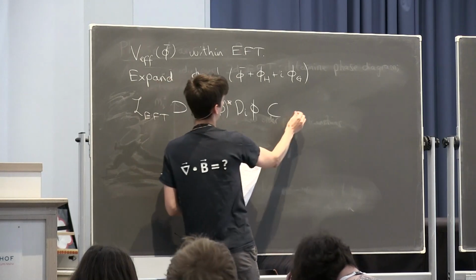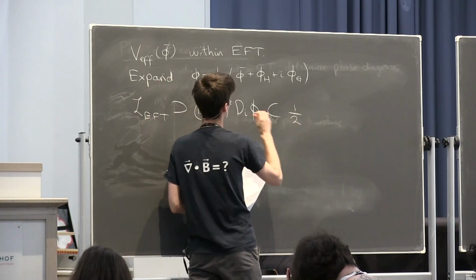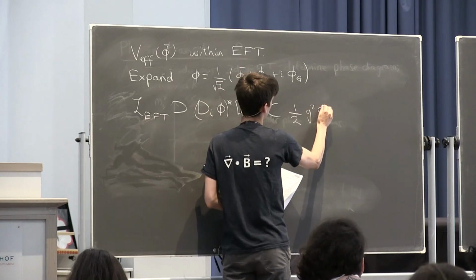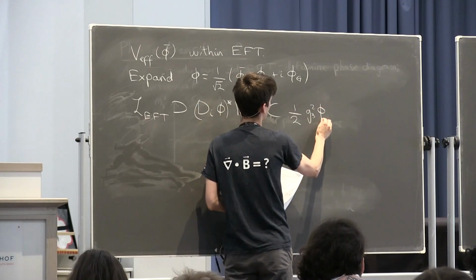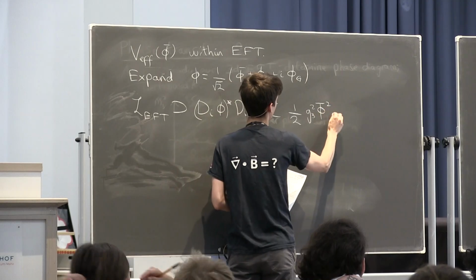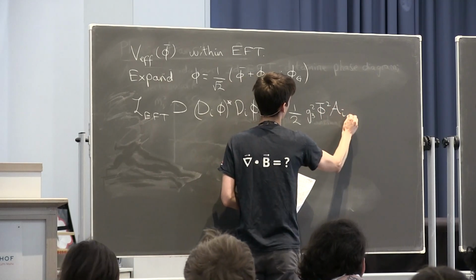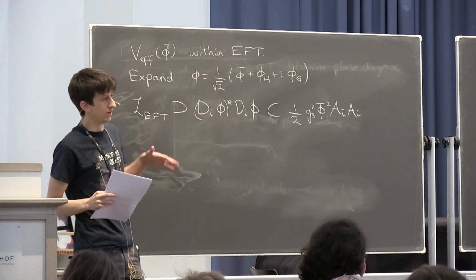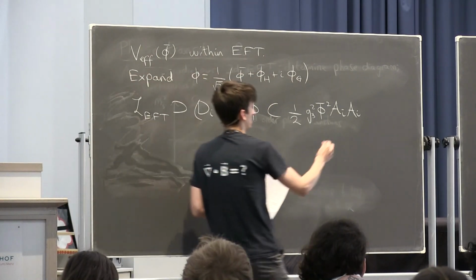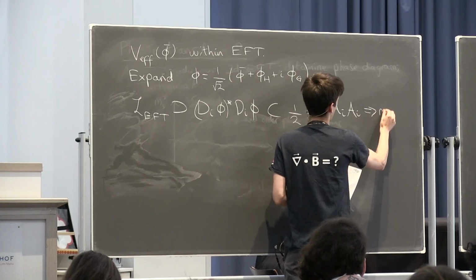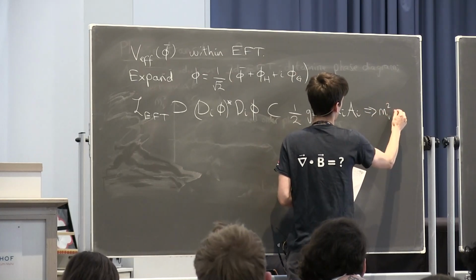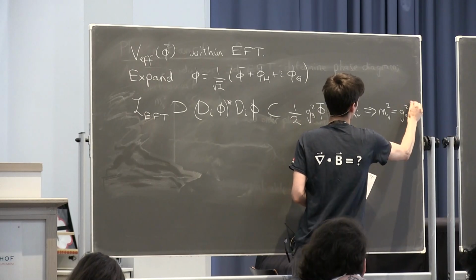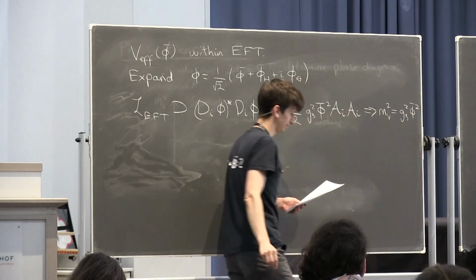So I'm going to get 2 powers of 1 over square root of 2, 2 3D gauge couplings, 2 powers of phi squared, and then A_i. So we have a Higgs mechanism as we'd expect, and our vector mass is g_3 squared phi bar squared.